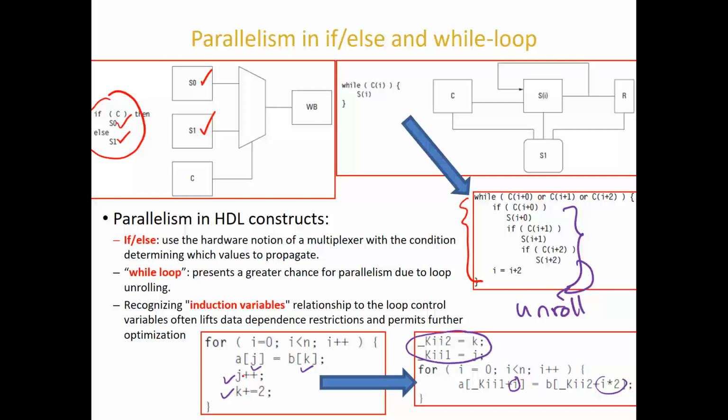So the true variable inside this loop is I, which makes it easier to discover further dependencies and parallelism.